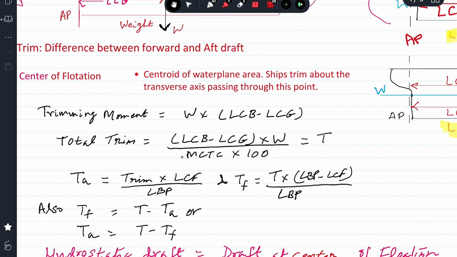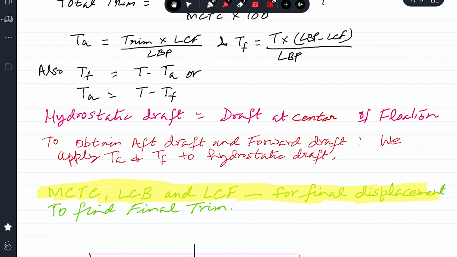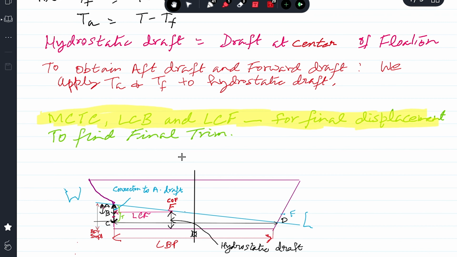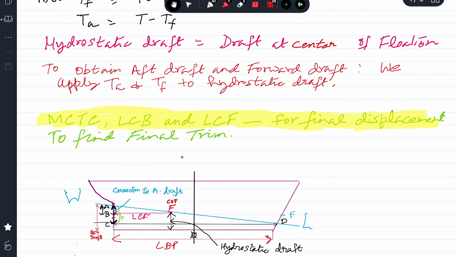Forward draft will be greater than the draft at center of flotation, and TA will be then subtracted. Hydrostatic draft is draft at center of flotation. To obtain aft draft and forward draft, we apply TA and TF to hydrostatic draft. MCTC, LCB and LCF for final displacement to find final trim.